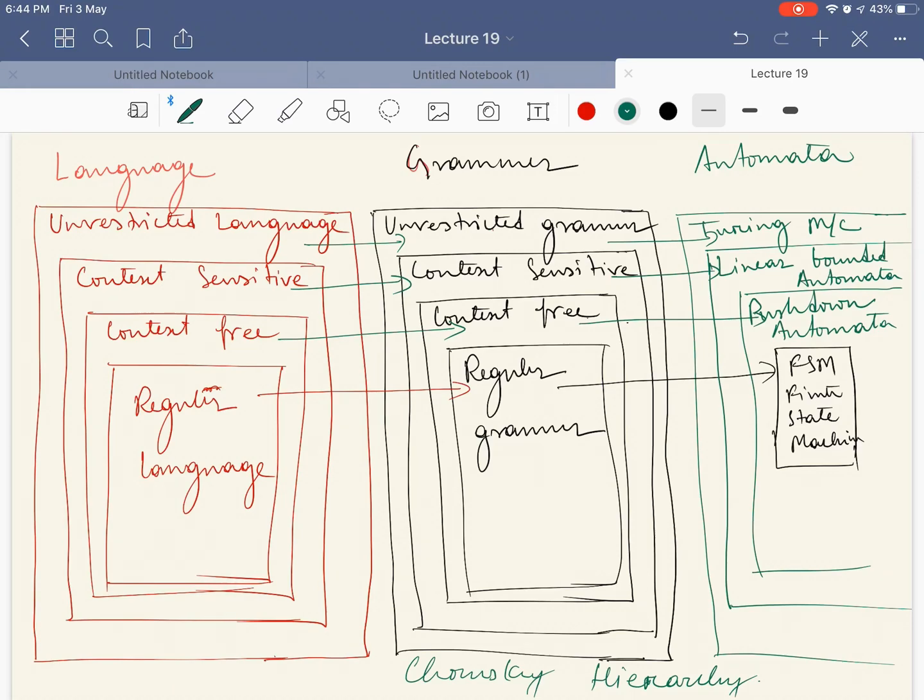So this shows you the different types of languages, the respective grammars, and the respective automata. This gives you the bird's eye view of the entire subject, formal language and automata theory.